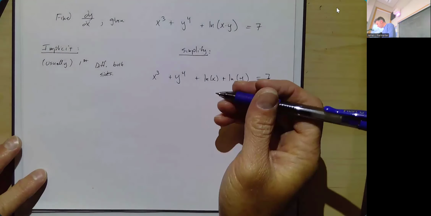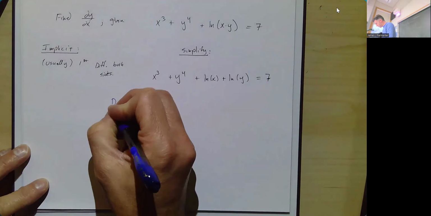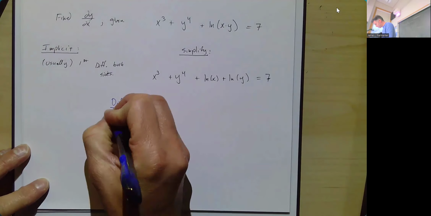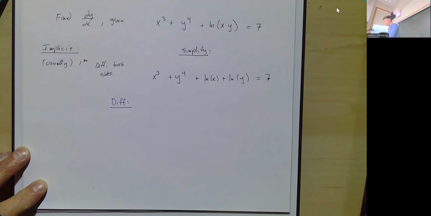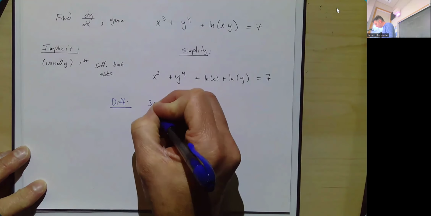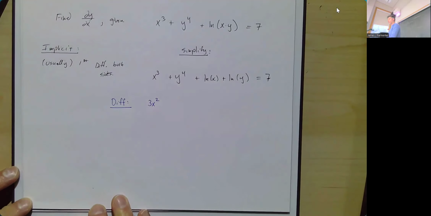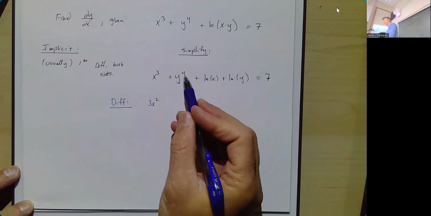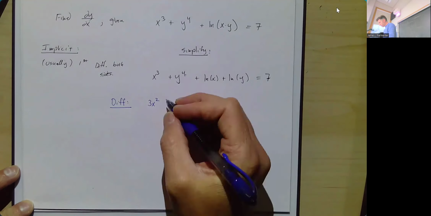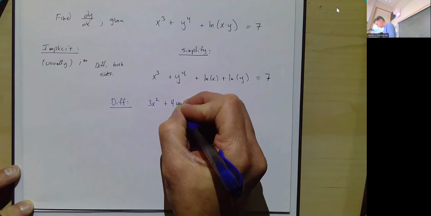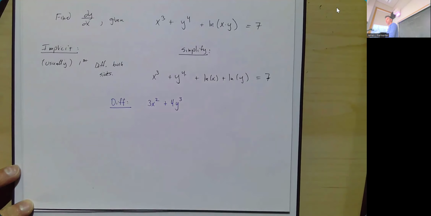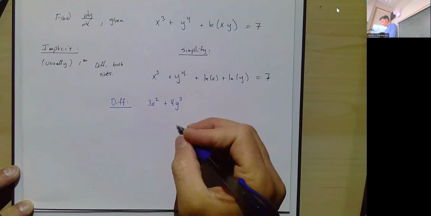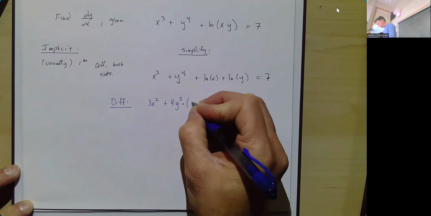Never mind. So now we're going to differentiate both sides. The derivative of x cubed is 3x squared. And the derivative of some stuff to the fourth power is going to be 4 times our stuff to the third power. But then I said stuff, so I have to multiply by the derivative of the stuff.